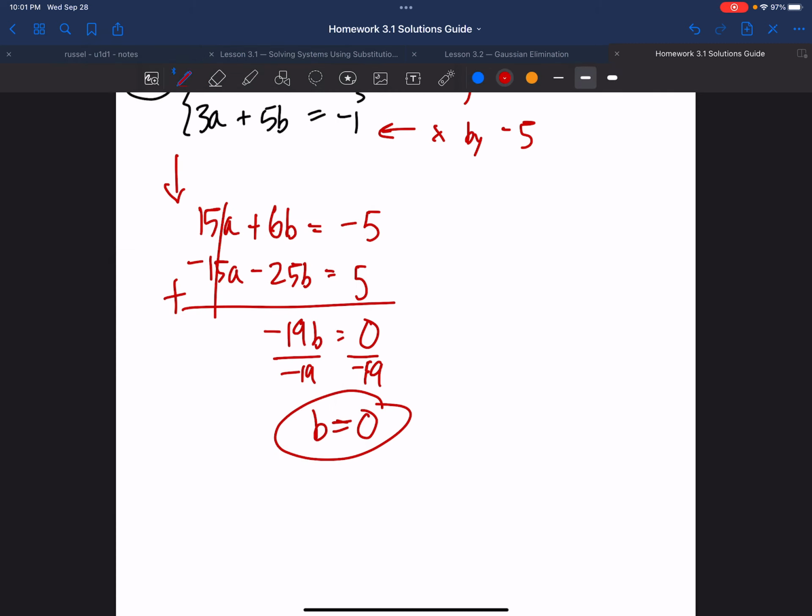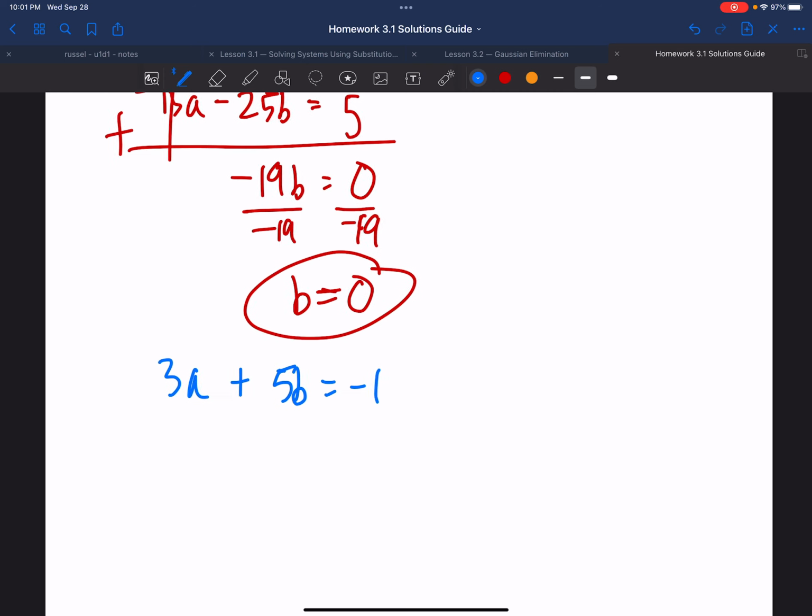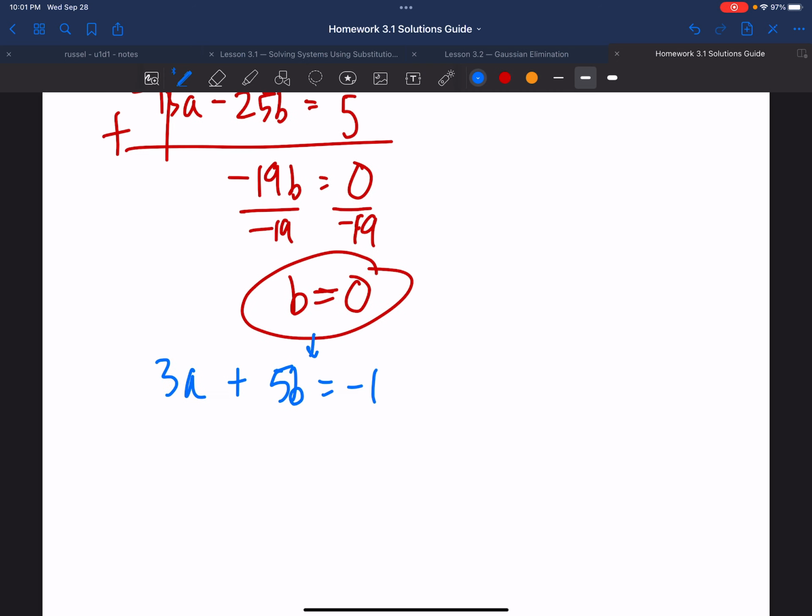From here, let's just plug something in. So I got 3a plus 5b equals negative 1. We're going to substitute this b equals 0 here. So 3a plus 5 times 0 equals negative 1. That just means 3a equals negative 1, meaning a equals negative 1/3.